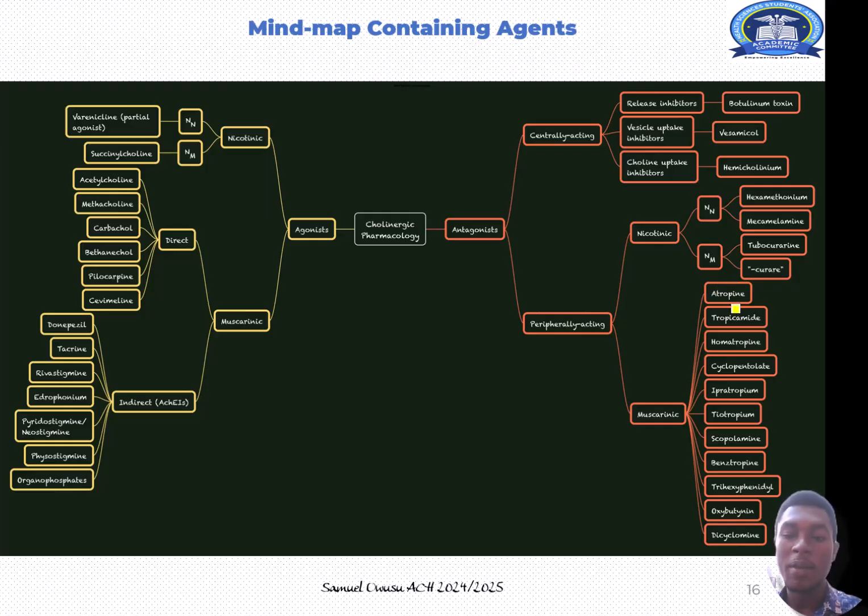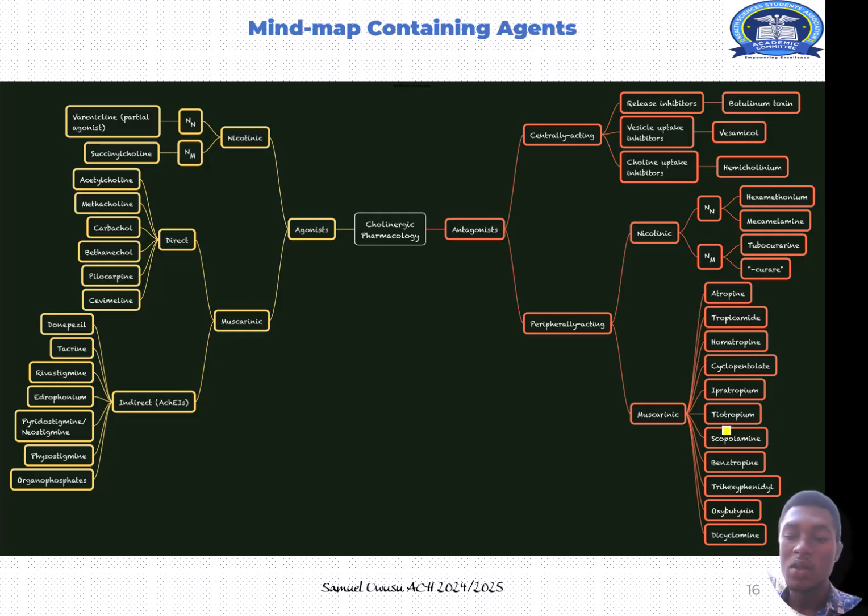Atropine. And remember we said that these agents are also divided into two. We have the tertiary and then the quaternary. Tertiary ones cross the blood-brain barrier, but the quaternaries do not cross the blood-brain barrier. Okay, so atropine, homatropine, tropicamide, cyclopentolate.